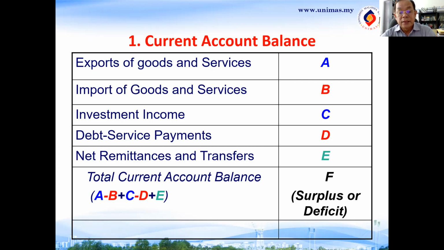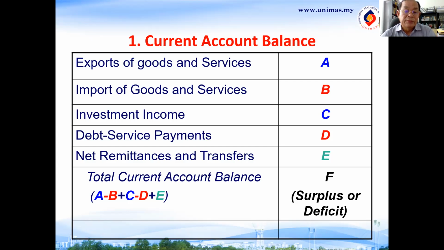So in other words, the total current account balance for a country could either be a surplus, as a result of more exports rather than imports, ataupun as a result of more foreign direct investment and so on.